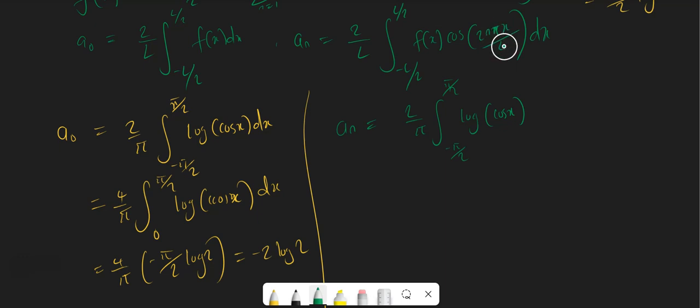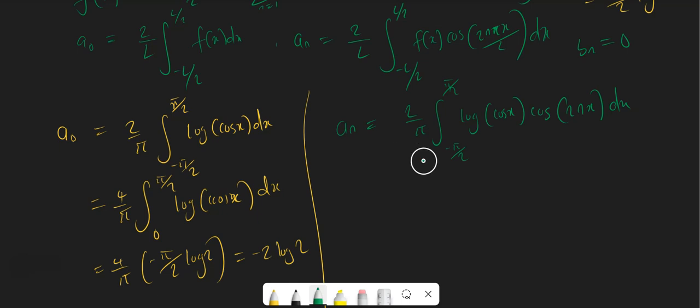Then if you put L equals pi, the pi cancels out and you have cosine of 2nx dx. Now we don't have to worry about b sub n, because b sub n will be 0. Sine is an odd function, so the integral of an odd function over a symmetric interval will cancel out, it will definitely be 0. So we'll need to worry about a sub n, and then we will be able to establish this Fourier series.